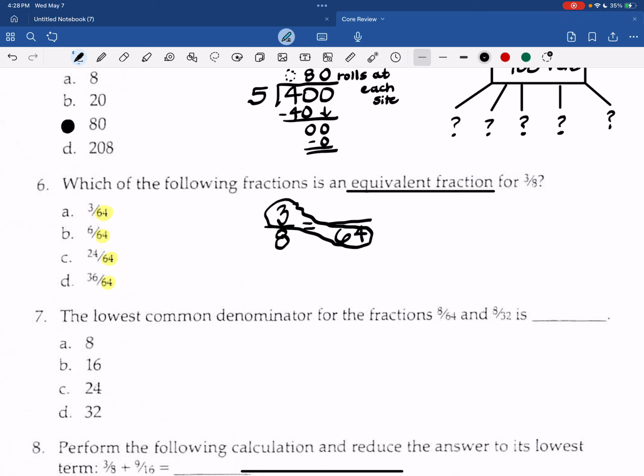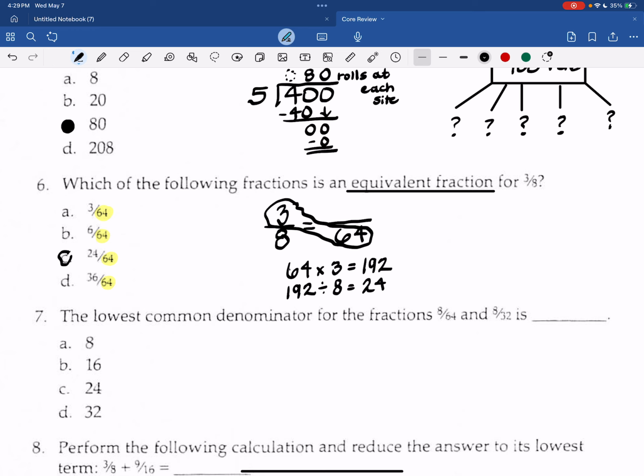So 64 times 3 is 192. And then you turn around and divide that number by the number that's not in that peanut shape. And that will give you the missing number. So 24 is the number I'm looking for.